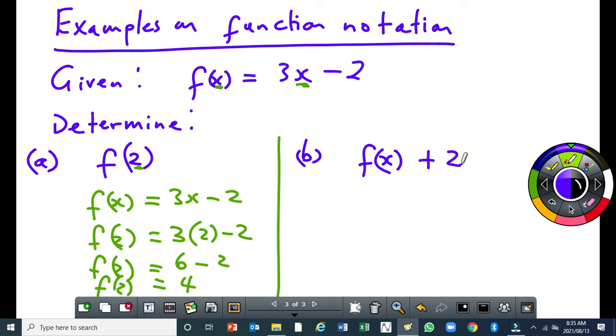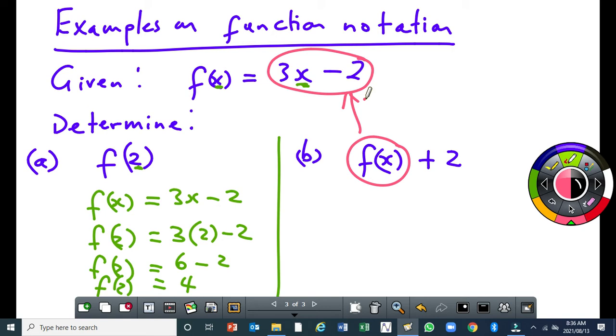Now, f of x plus 2 is going to be a new function. Based on graphs, it means we are moving this linear function by 2 units up. That's what it means. Just to summarize, this is equivalent to that. They are the same.